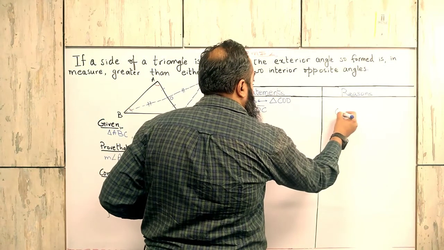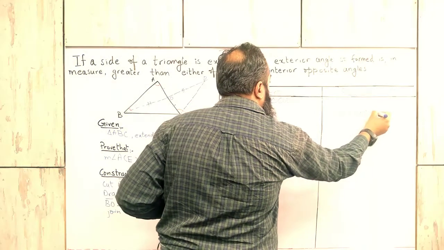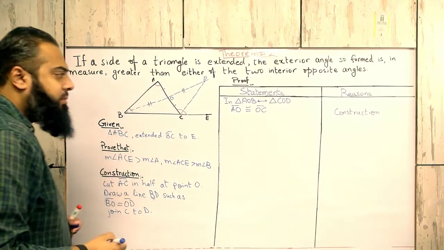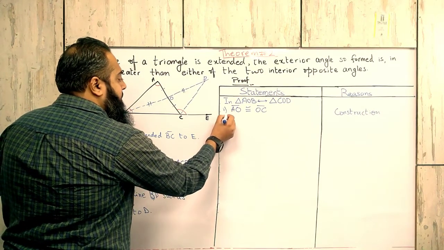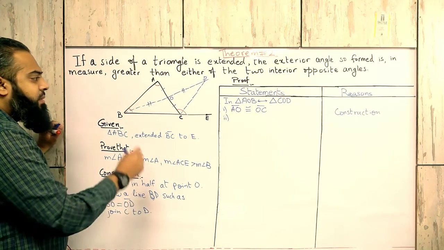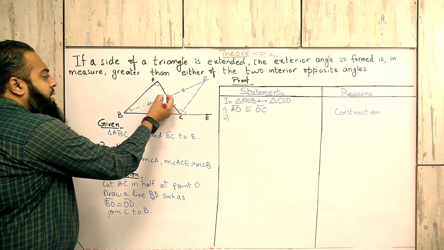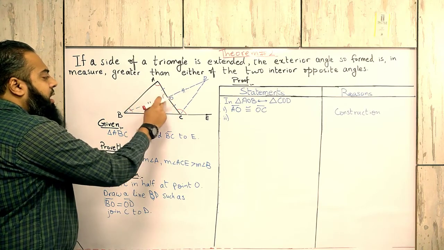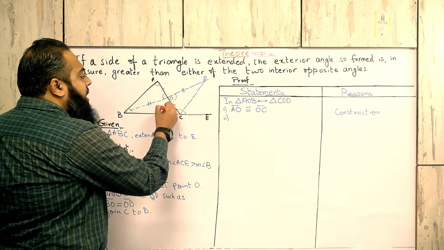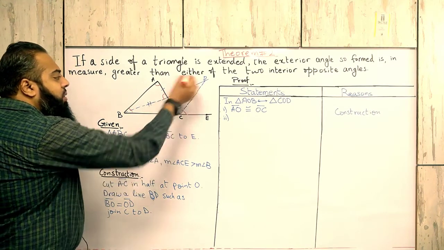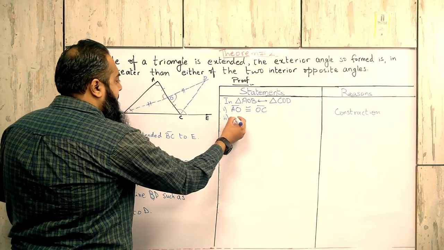So it's in the construction. Okay? And then what do we have over here? Angle AOB and angle COD. These two angles will be congruent. How?